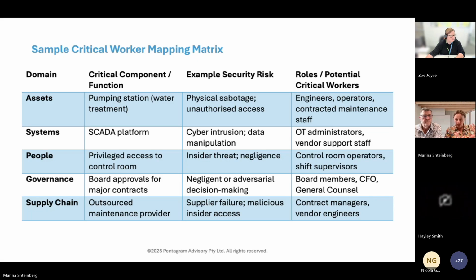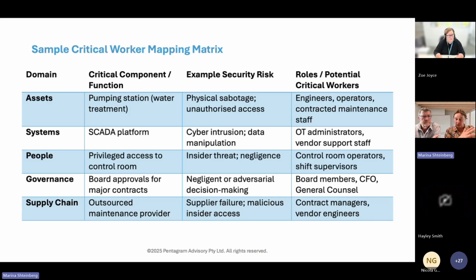So when you have identified critical components and have registered them with the Department of Home Affairs, you can split them within 5 main domains as within the CIRMP, the risk management program. You can have assets, systems, people, governance, supply chain. And then you can link critical components to them.